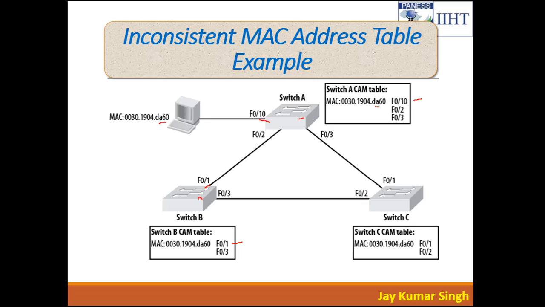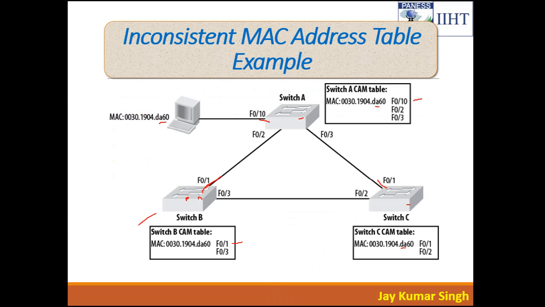So this switch will say that this PC is reachable via this F0/1, right? Now this switch will say that I know one MAC address which is reachable via this one, F0/1. Now see what will be the problem.